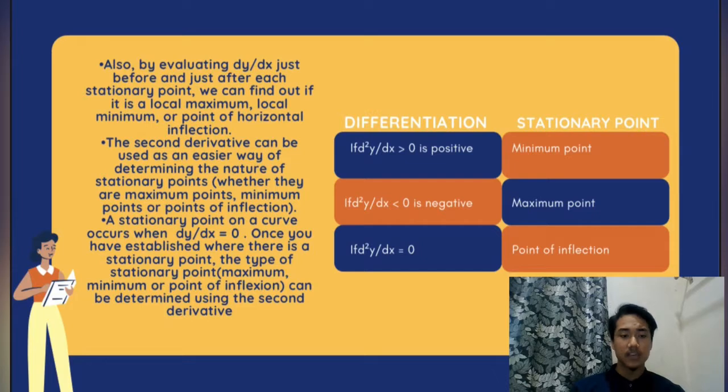If d squared y over dx squared is bigger than 0, is positive, that is a minimum point. If d squared y over dx squared is less than 0, is negative, it is a maximum point. And if d squared y over dx squared equals 0, it is a point of inflection.